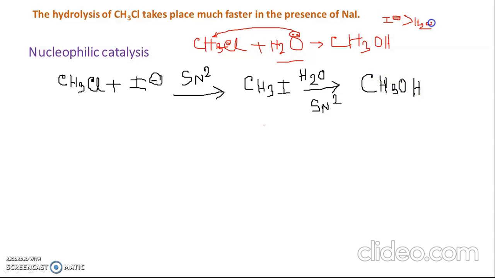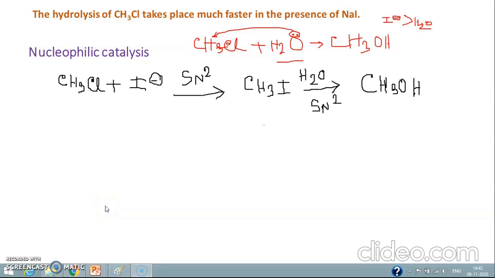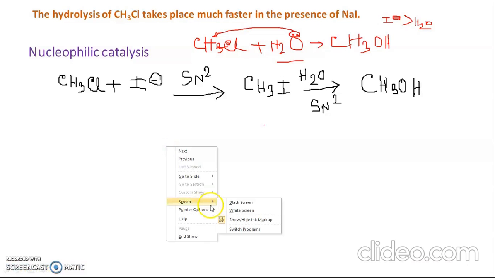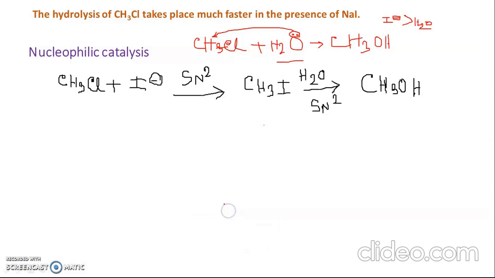As NaI is ionic, you can easily get Na plus and I minus. So when there is I minus in the reaction medium, and as it is a better nucleophile compared to H2O, it will attack the carbon and first form CH3I. Now CH3I is not the final product. This is the first step, the first SN2 mechanism, and this molecule we are getting for some time.